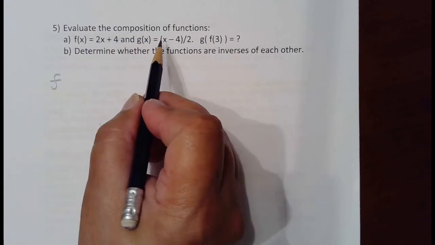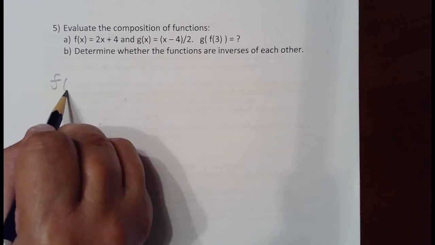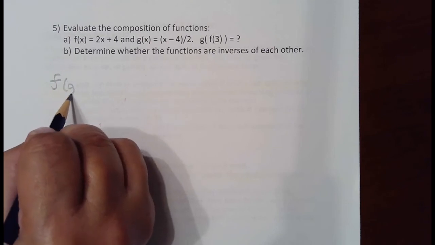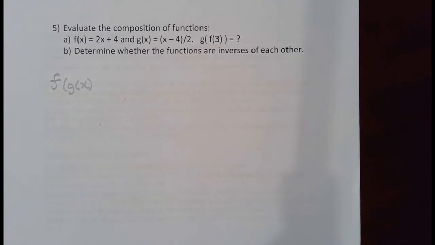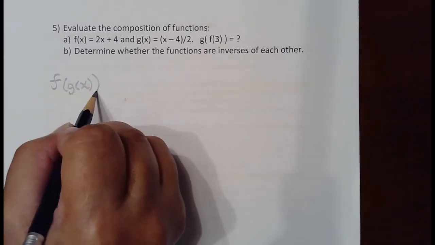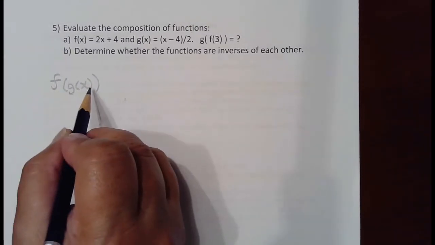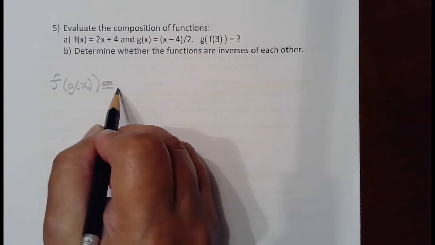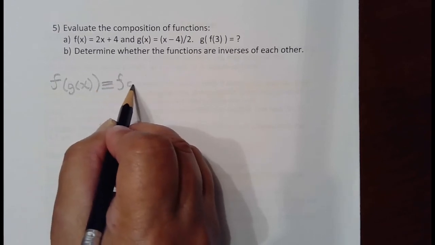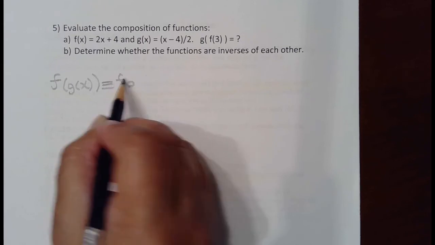Not only should that be equal to x, but you should be able to perform the composition the other way around, where g is the outer function and you're doing g composed of f of x. So we take turns with both of the functions being the inner function and both of the functions being the outer function. That way you're doing the composition both ways.